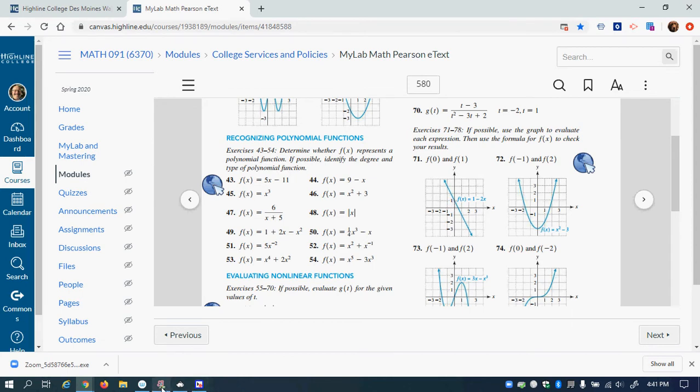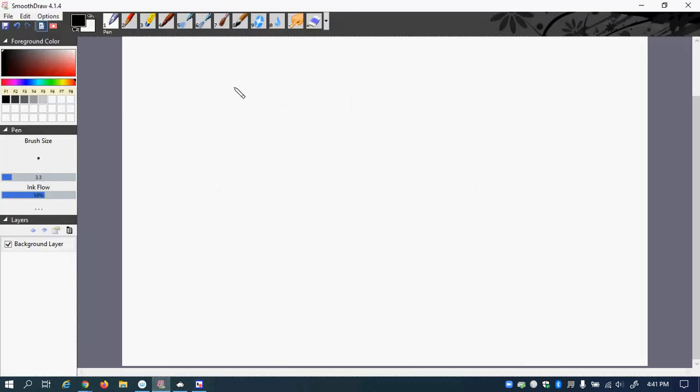And so to write that out for problem 71, if I wrote f of 0, then my y value would be 1, which is a coordinate point, which we've talked about before, but I just want to make sure you've seen enough problems and can do these kinds of problems.